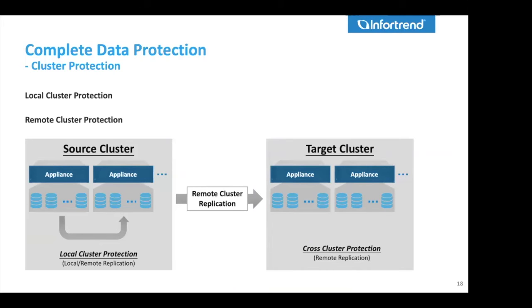And again, cluster protection, we can either do local cluster protection, so the clusters could be replicated locally, or as shown a couple of slides previously, the system also supports remote cluster protection. So the cluster could be across a campus or anywhere with a wide area network link.